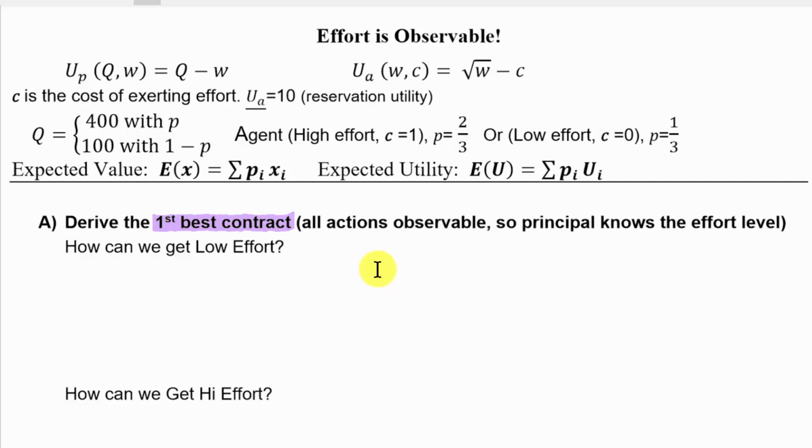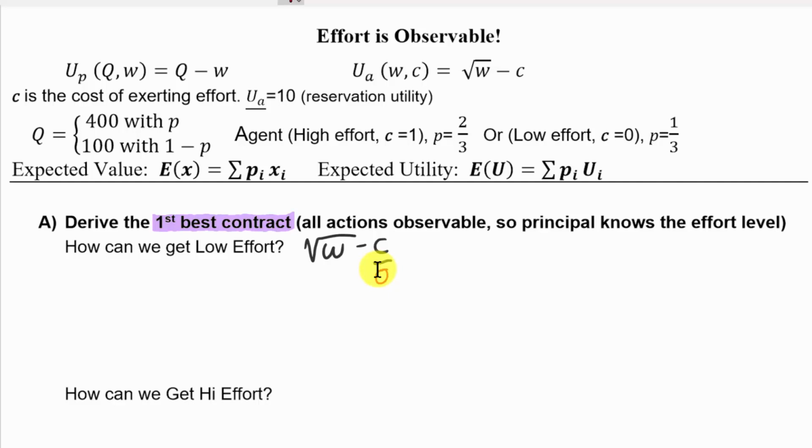So if we wanted low effort, here's the utility function of the agent. It's the square root of the wage minus C. Now, if we're getting low effort, then that C is just going to be 0, so we don't need to worry about that part.